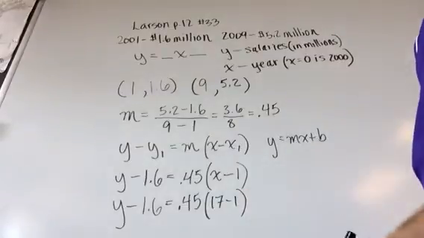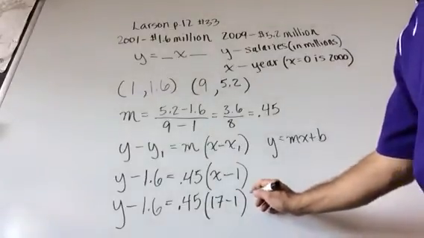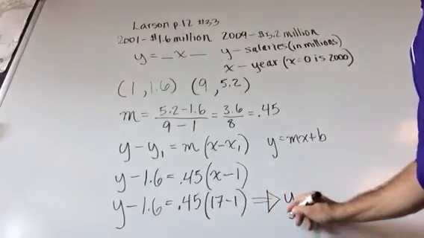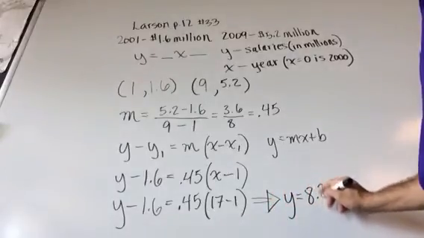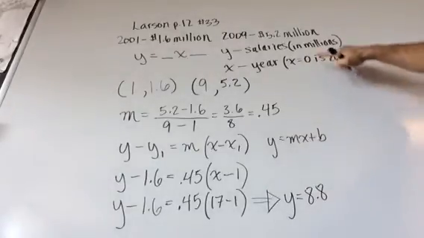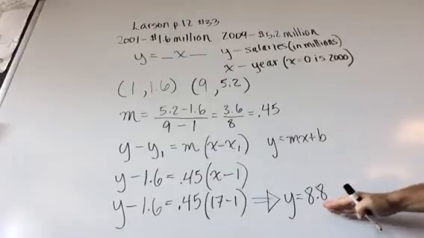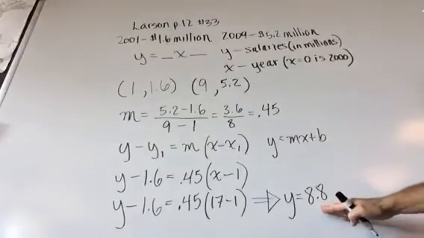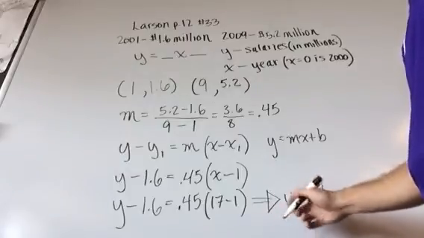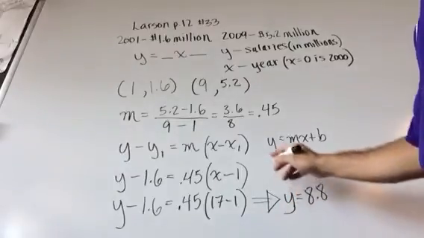Solving for y, that's the single variable that is left. I just put an arrow over here and say y is equal to 8.8. And of course, because I'm doing my salaries in millions, I know that 8.8 means 8.8 million.